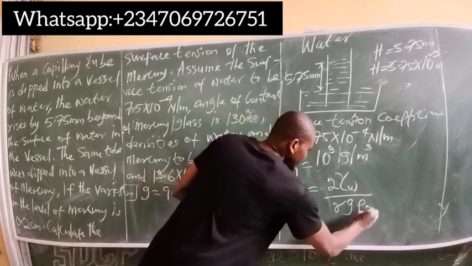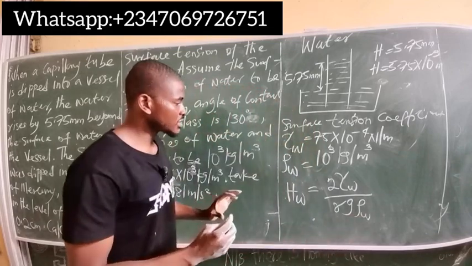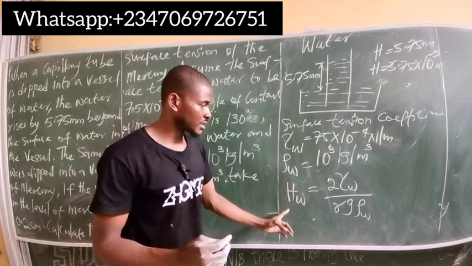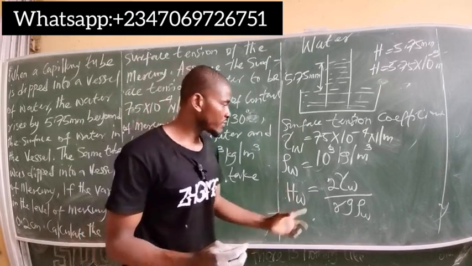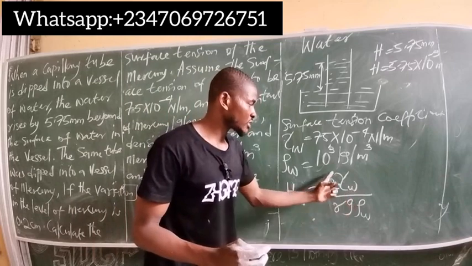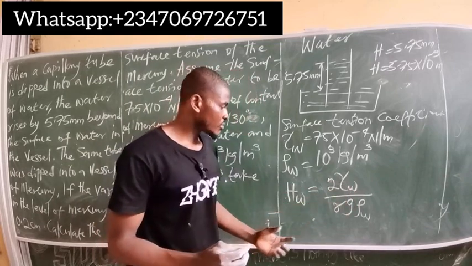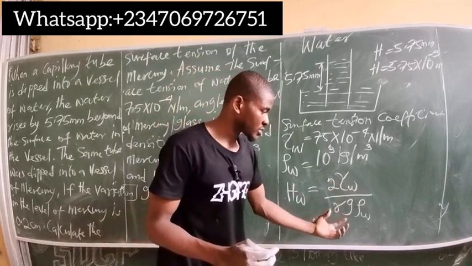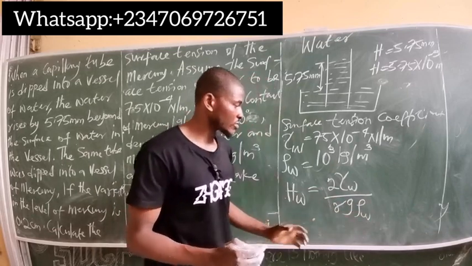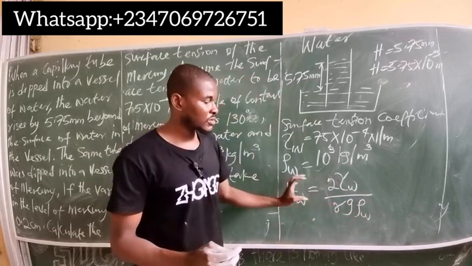From this condition, we are given the height of the water in the tube, the surface tension coefficient of water, gravity, which is constant, and the density of water. The only thing we weren't given in this equation is the radius.